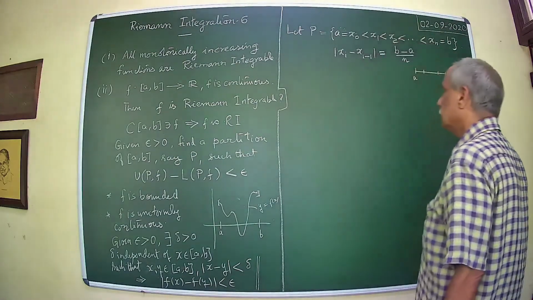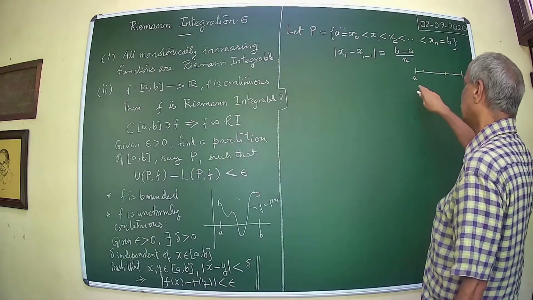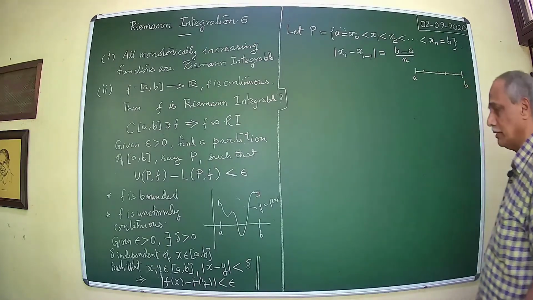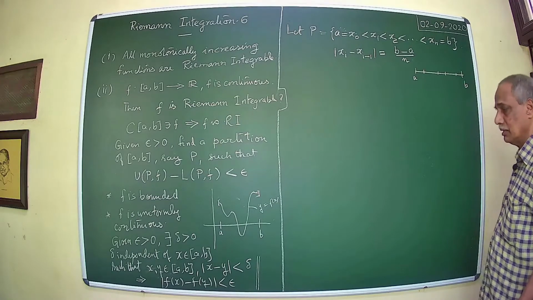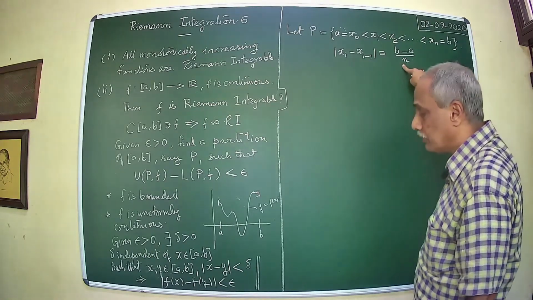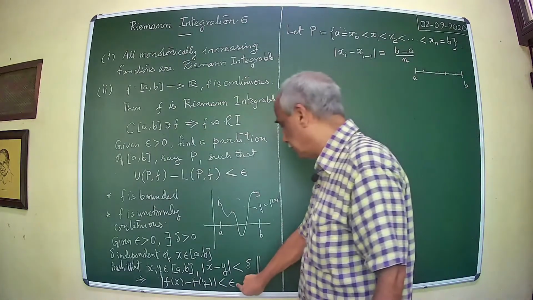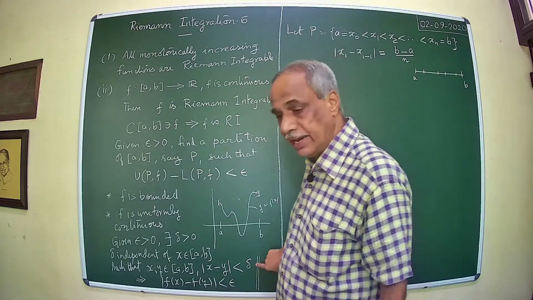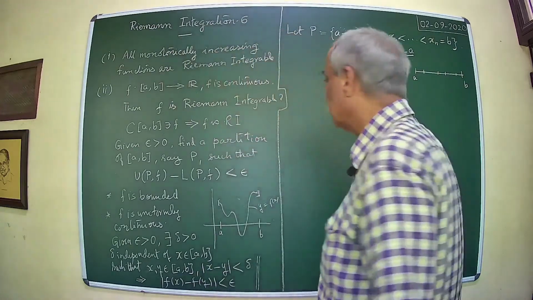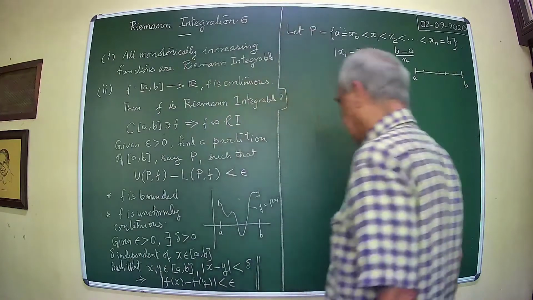So you can actually list it out. It's not difficult at all. Now what one can do is play around with this n, and given epsilon we have already got a delta, and therefore we make this less than delta.